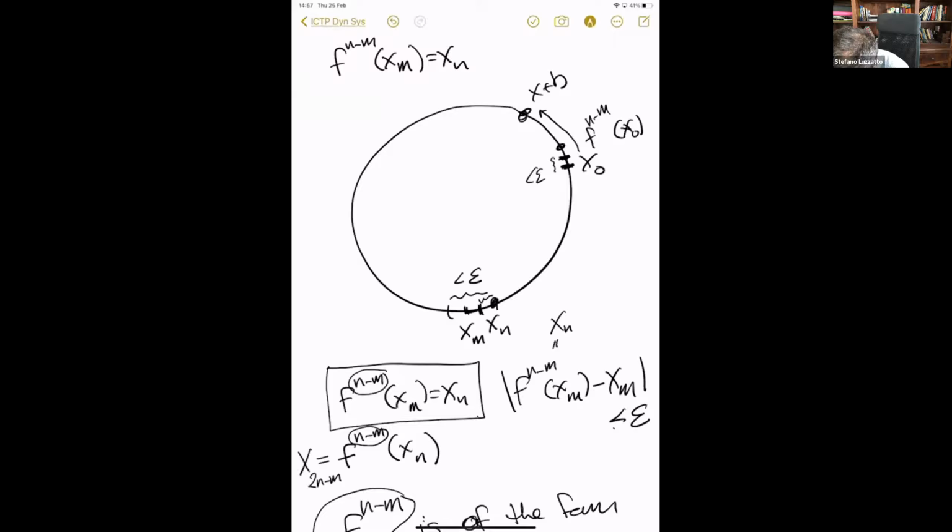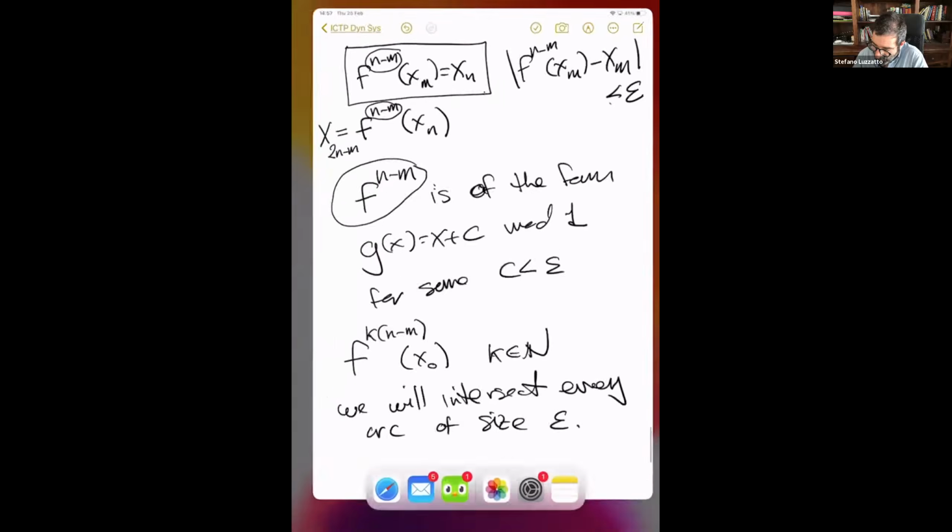And then you will land again very close, very close, very close. So every step you're taking is smaller than epsilon, and then, of course, you cannot jump over any of these little epsilon arcs. And so you must intersect every arc.